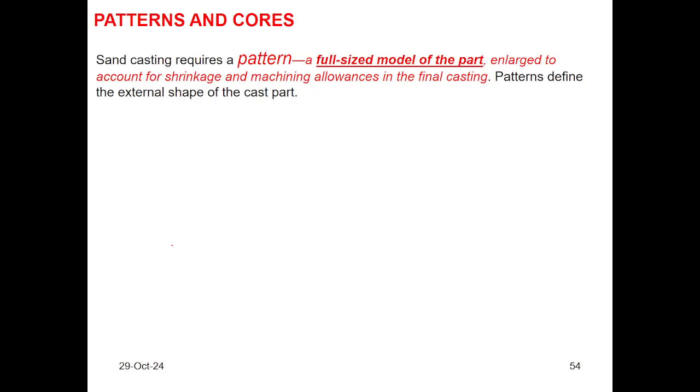The size of the pattern is to be greater than the size of the component, the product. Why? To compensate for the effect of shrinkage, and also to have extra material for surface finishing, for the machining stage. It is called machining allowance.